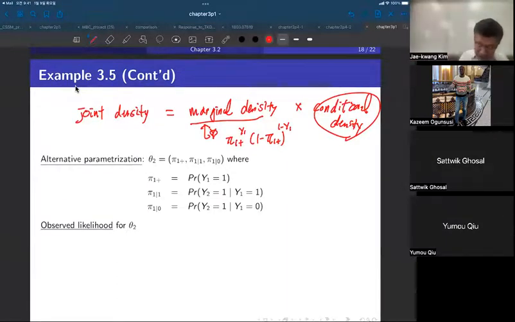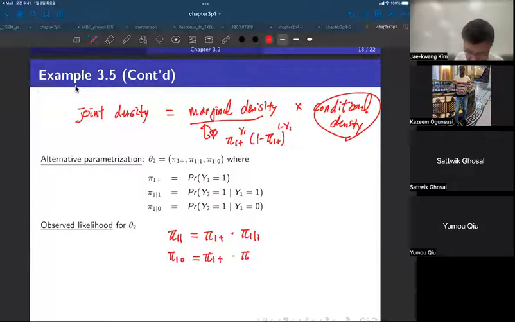So basically we have, see, pi 1,1 is pi 1 plus times pi 1 given 1. Pi 1,0 equals pi 1 plus times 1 minus pi 1 given 1.